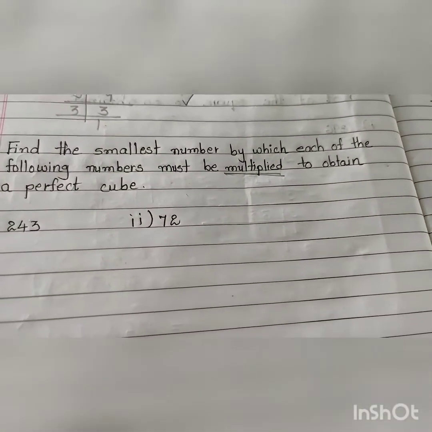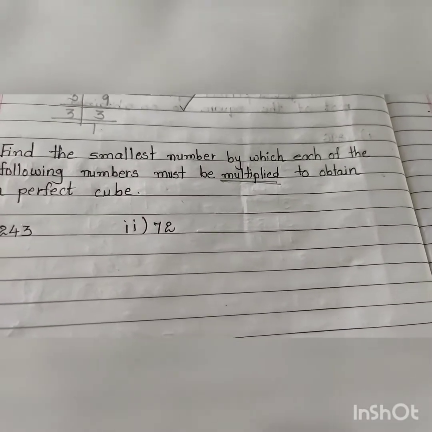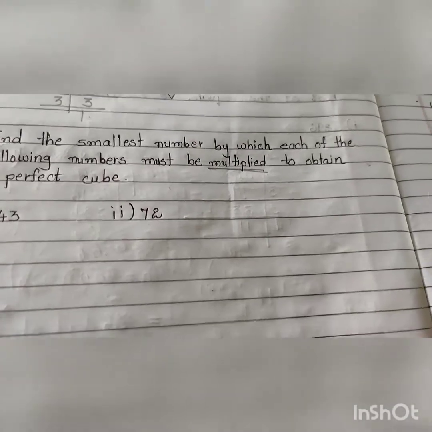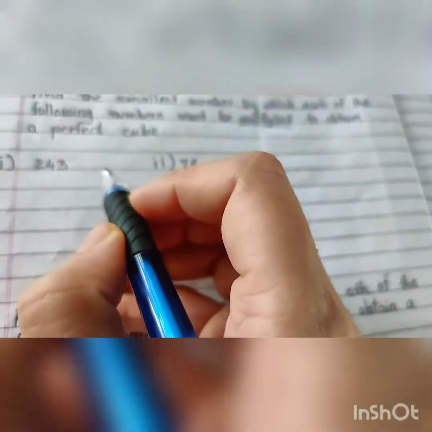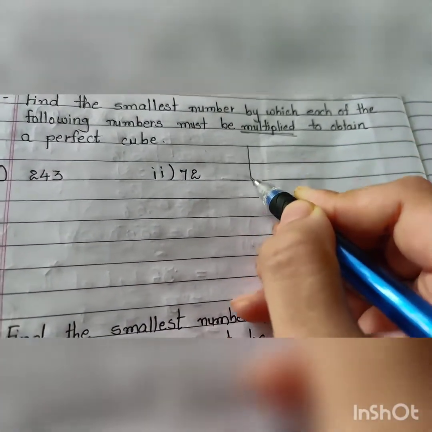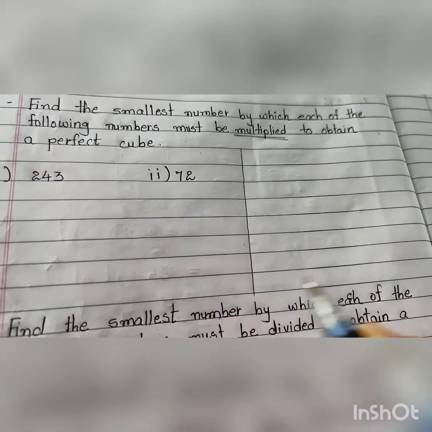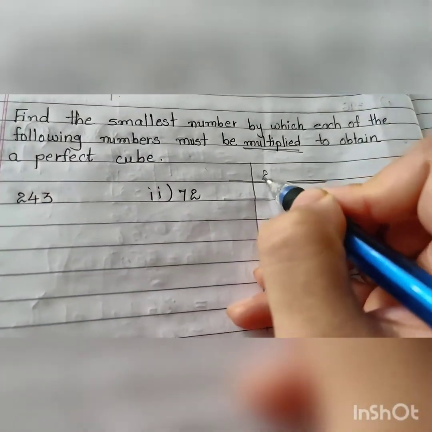So first we need to find out by which number we will multiply so that we get a perfect cube. So for that again we will do the prime factorization. See, this prime factorization is very important, so understand it properly, okay? This prime factorization method. So 243.